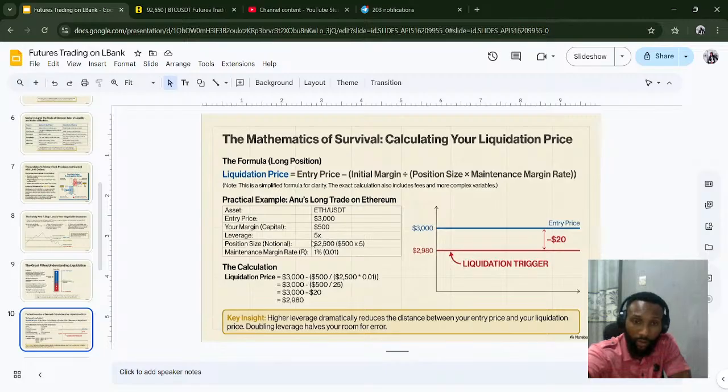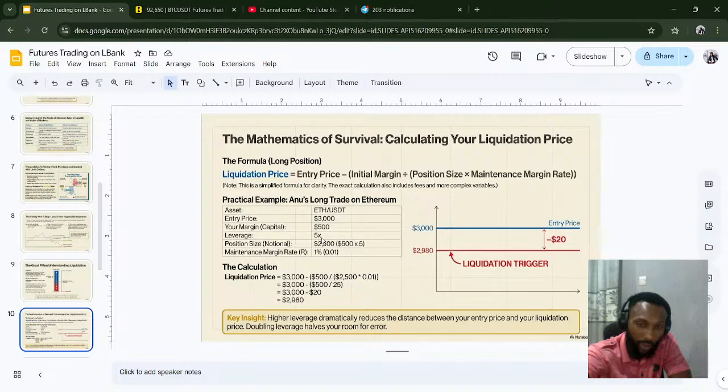So your notional position size is, like I said, 500 times 5. 5x basically means 5 times whatever your margin, your capital, is. That's what leverage is.